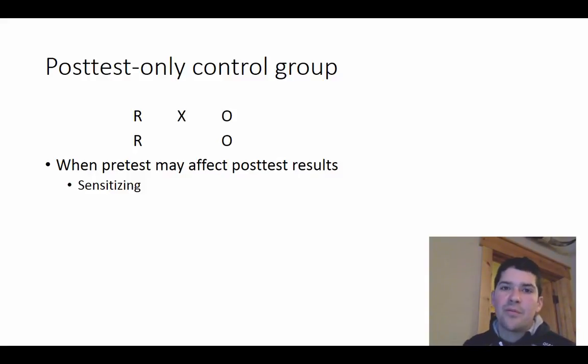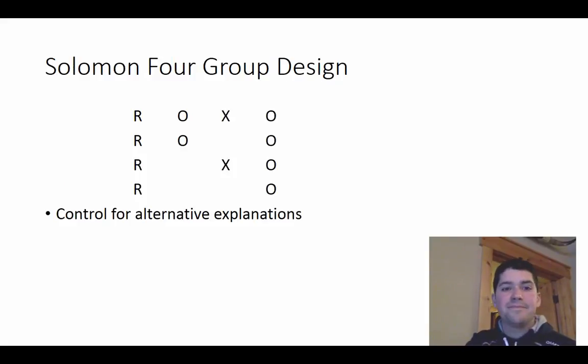So for example, if we're giving somebody a pretest on, let's use the example of depression, and we think that that pretest is actually going to alter how they score on the post-test, then we might not actually give them the pretest, because we oftentimes talk about this as sensitizing to the actual topic.